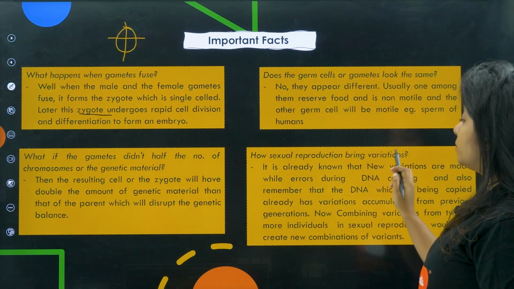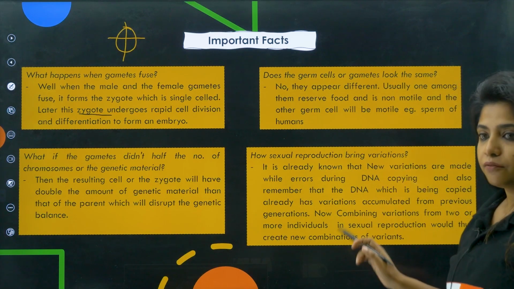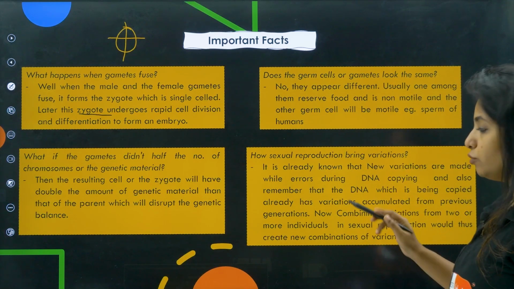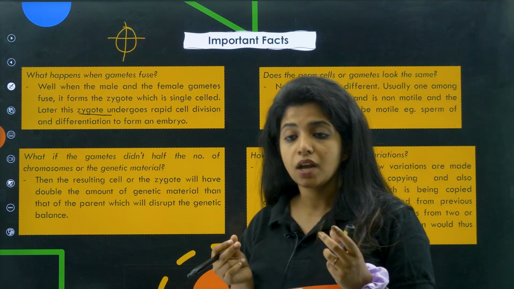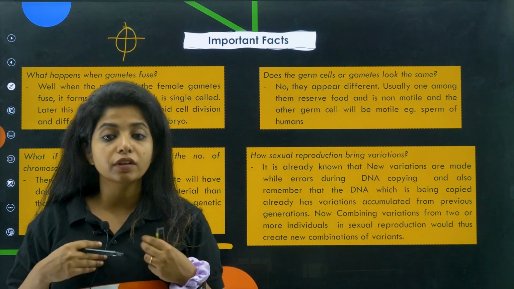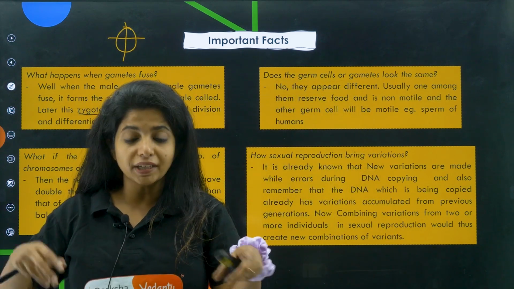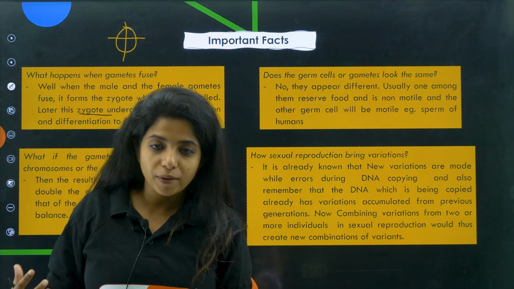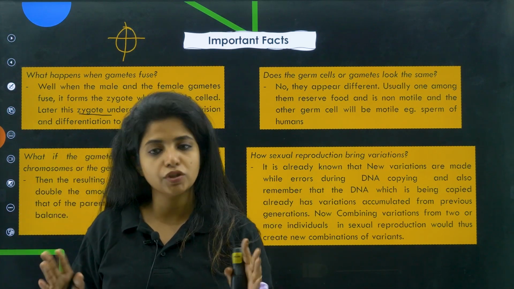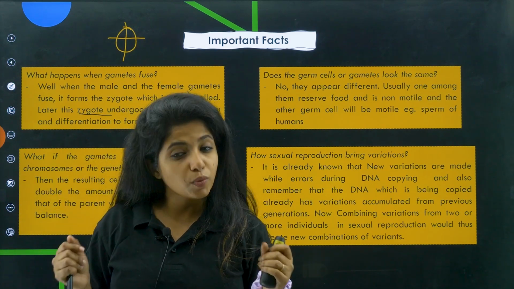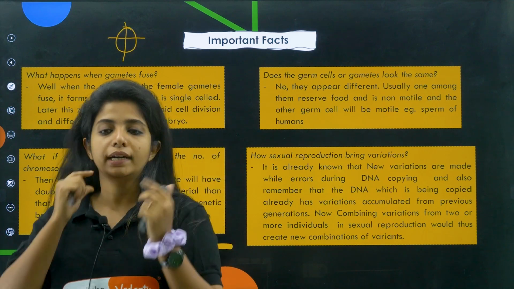Now, how does sexual reproduction bring variation, children? We discussed in the previous class. Basically, you have two different parents, so two different genetic materials. Also, the parent is not going to give their own DNA. They are going to make a copy of it and send it. While they are making a copy of it, the DNA replication process is not an error-free process. There will be small errors being caused, which is why you also get variations.